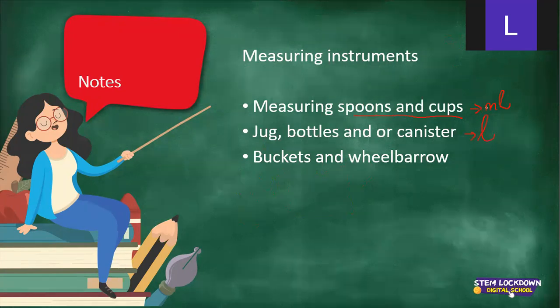By the way, we're moving from small to big. Buckets and wheelbarrows have a capacity of holding large quantities of liquid. So these are kiloliters.